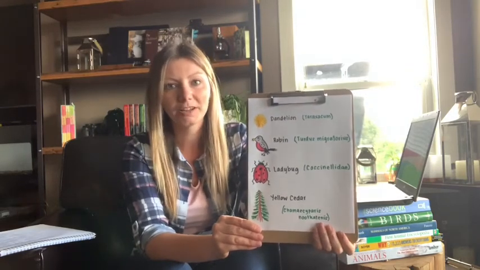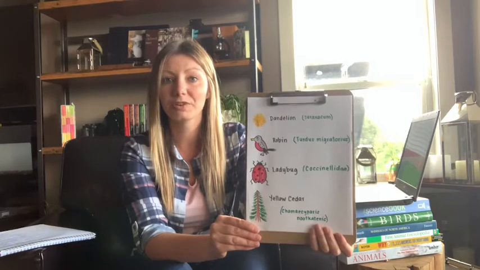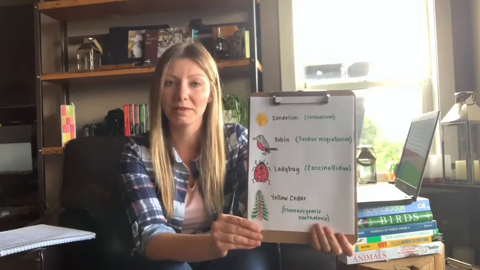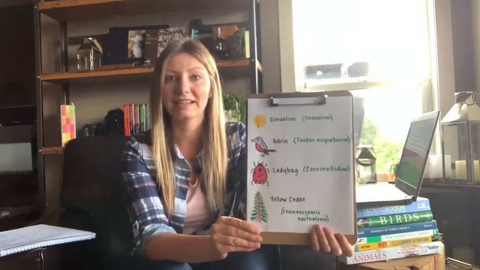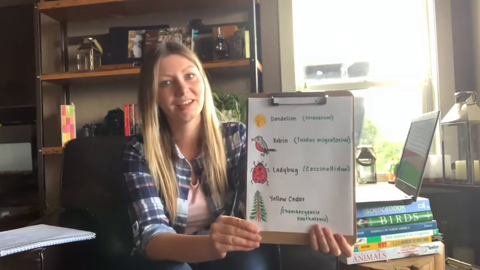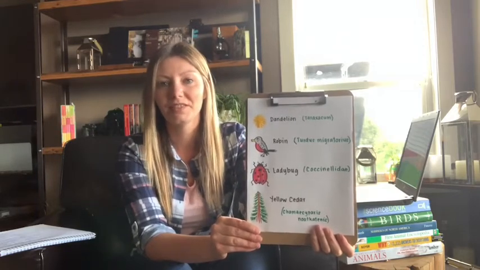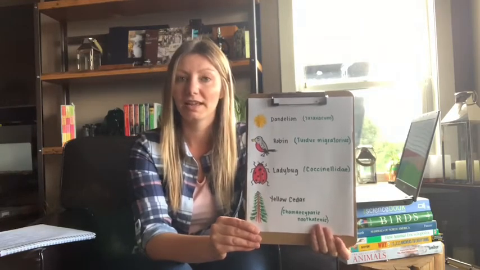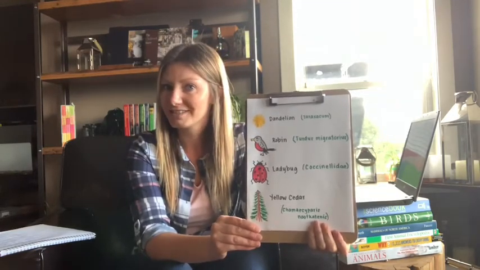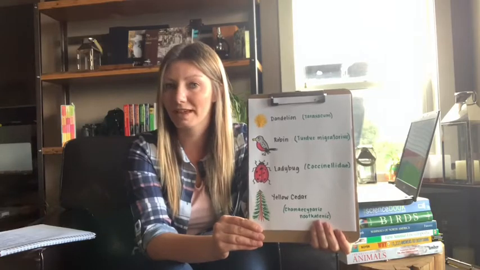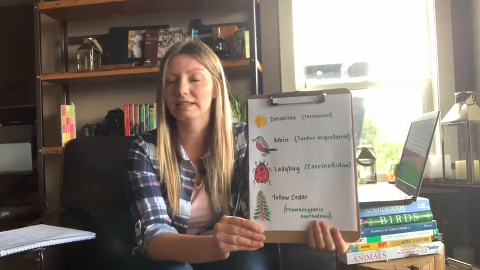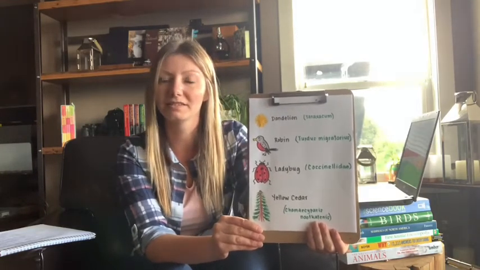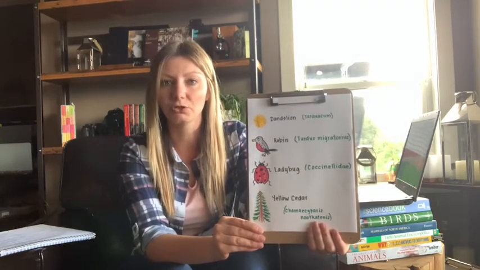So I just want to go over that a little bit, because the reason why we want to get good at making those observations is to help us understand the plants and the animals that we're seeing and looking at. So if you notice a structural feature that's a part of the plant or animal, and you notice, let's say, that it has wings, wings would be a structural feature.